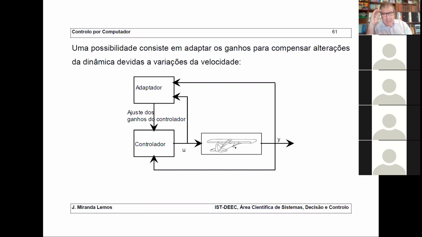Let's make a quick review of what we said. The first thing was that in computer control, what you have learned about, and sometimes forgotten, about the structure of a control system is still true. The frequency interpretation is a little bit different because you are now working with discrete time systems, but the ideas are still true. Then I tried to give you some idea of basic computer control algorithms.